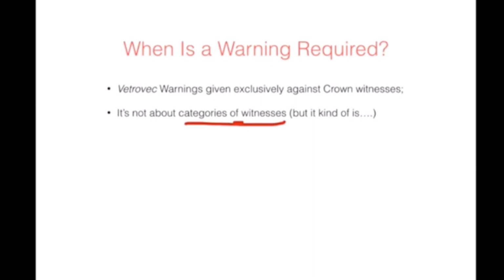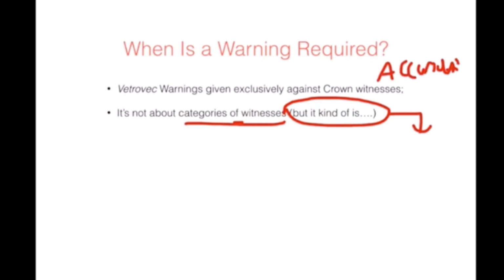But if you read Khela carefully, the excerpt that I gave you, I'm telling you categories of witnesses are incredibly important. And the reason why categories of witnesses are important is because what we're looking for is the accumulated experience of judges. And how do we get the accumulated experience of judges? Well, we look at the category of the witness. If the witness is the type of witness that typically causes problems in the judicial system, you're more likely to get a warning.